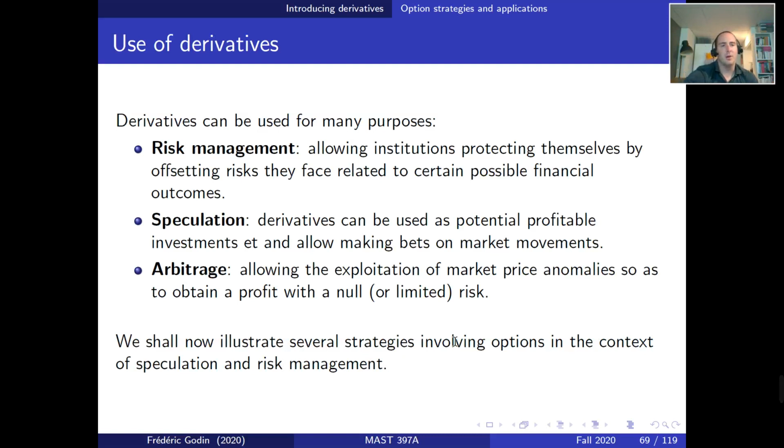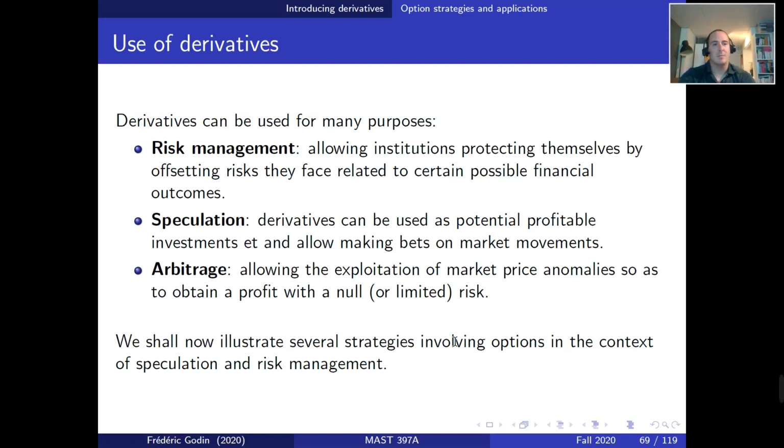And the third one is arbitrage. We've defined arbitrage informally in the previous chapter, but in some situations people might observe pricing anomalies on the market, so the price of some assets might be too high or too low with respect to what it should be.